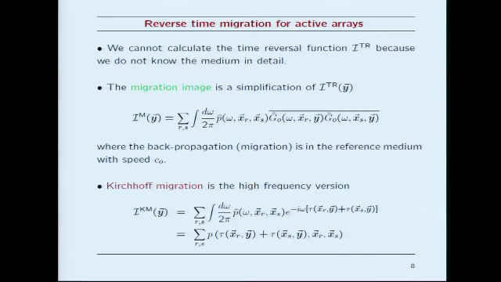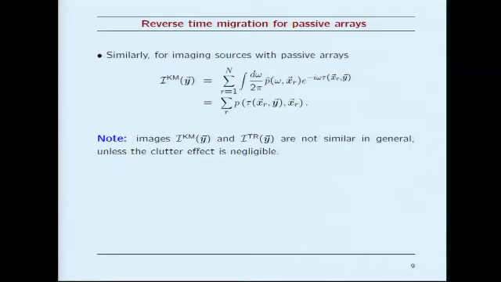This is the Kirchhoff migration image, the simplest imaging function. It's widely used in geophysics, in radar, and so on. This is how it looks for the source problem, where you only have travel time from where you think is the source to the receiver.